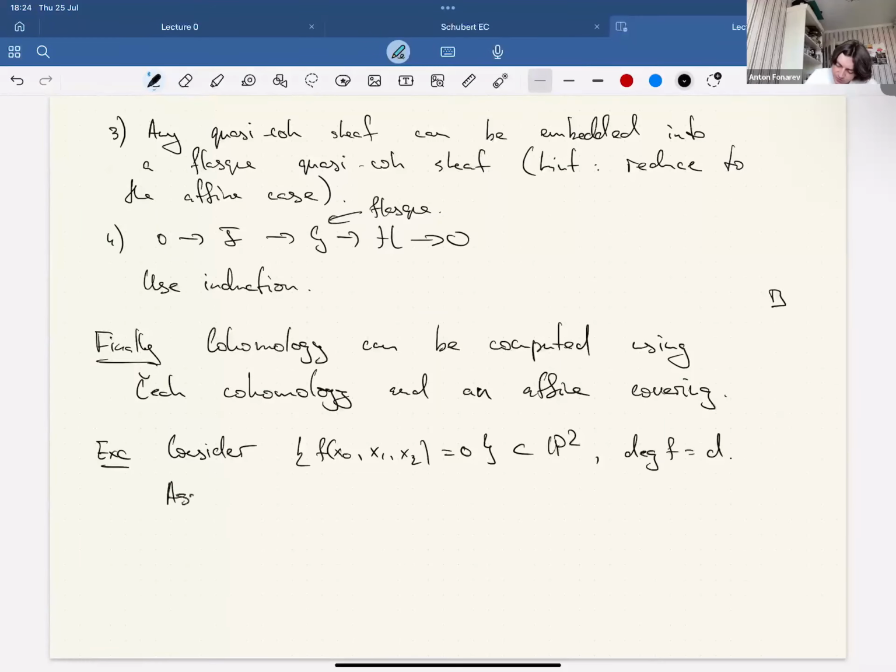Assume further that the point (1, 0, 0) does not belong to X. So in other words, f does not vanish at this point. Then use the standard covering.